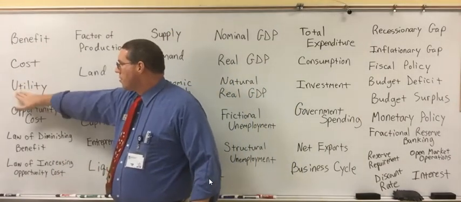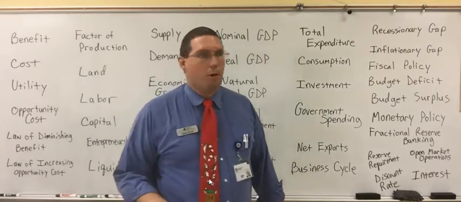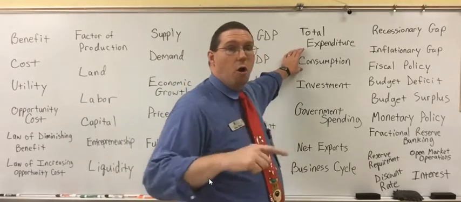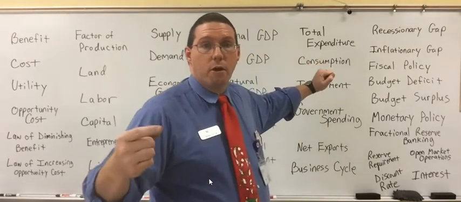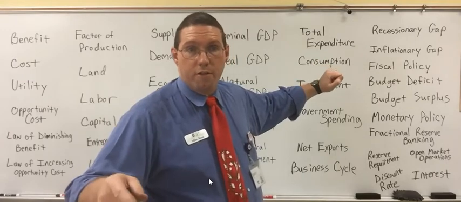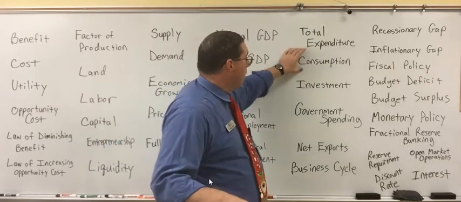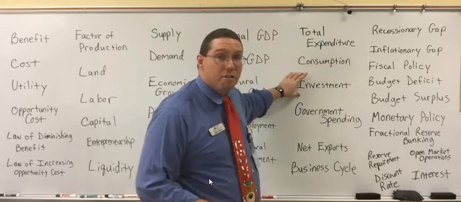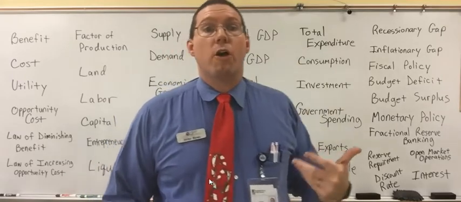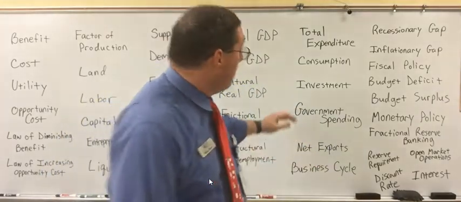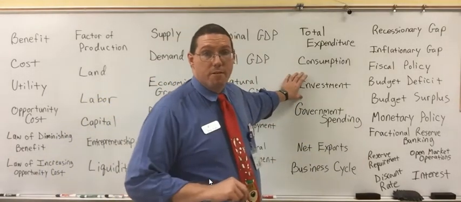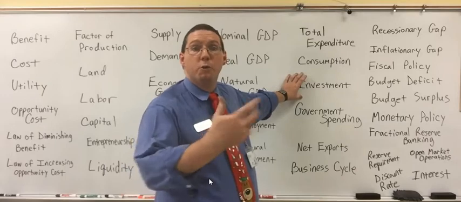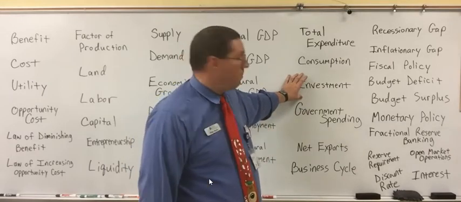Even though there are costs, they want to get utility. All right, so consumption is all the money spent on goods and services that are produced, all the money spent by households and individuals. Investment is all the money spent on stuff, all the stuff purchased by businesses for the purpose of doing business and producing other stuff.